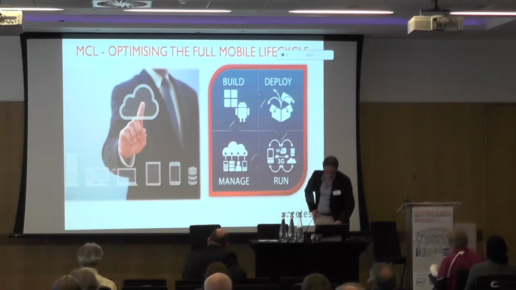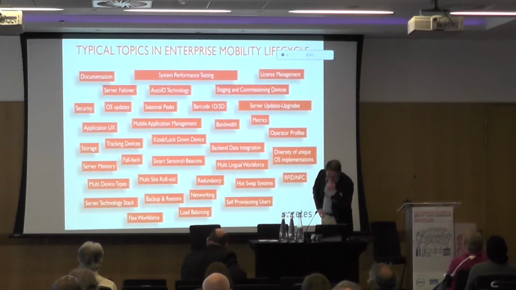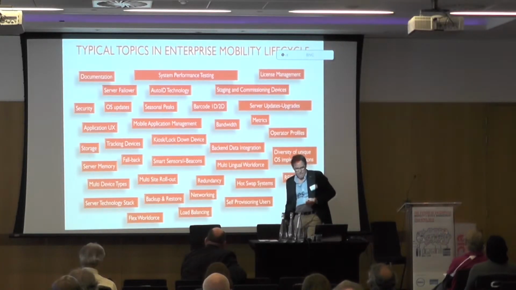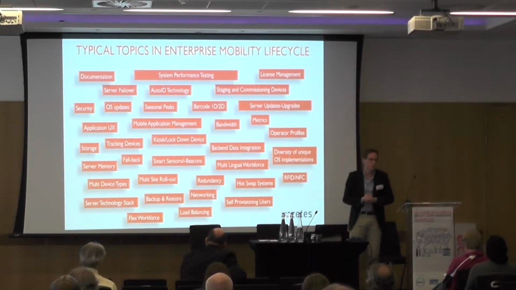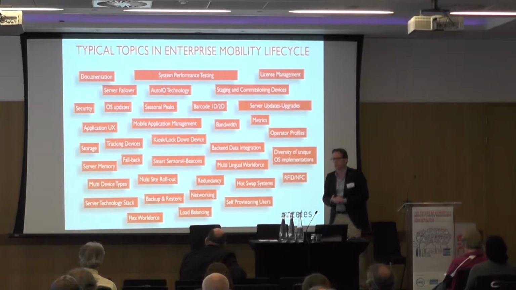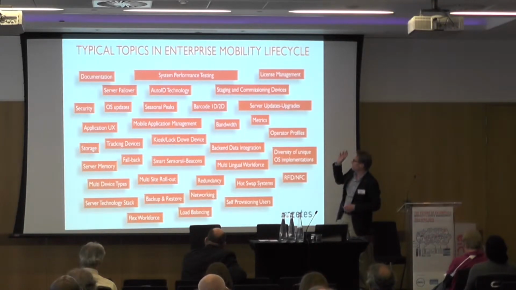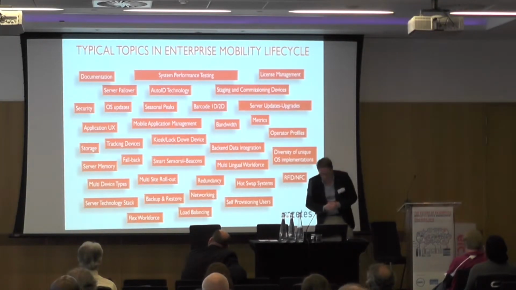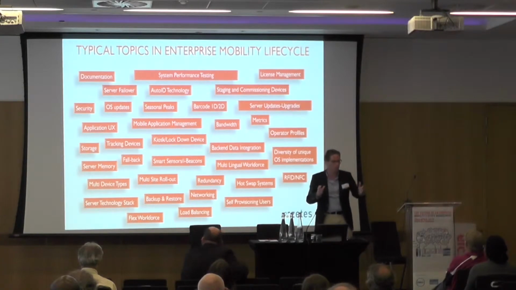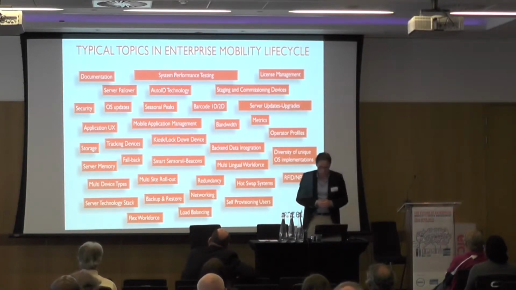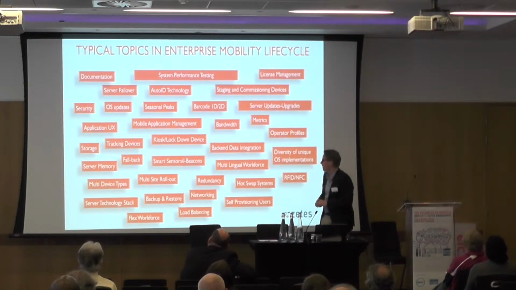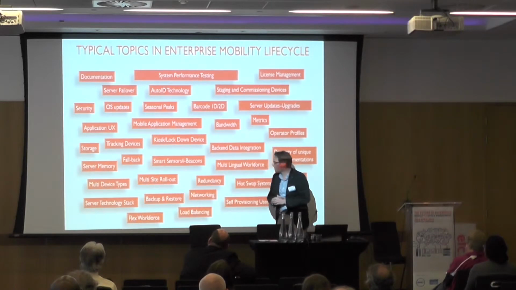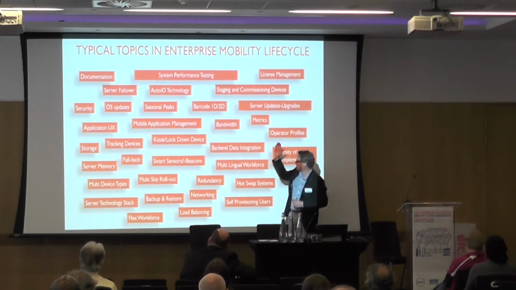So in order to get you a little bit up to speed, I would just like to tell you a couple of things, and I'm sure that if you look at these topics on the slide, a lot of familiarity is there. If you have to start implementing mobility, of course you have to think about different operators. You have to think maybe about multi-site rollouts, a lot of different devices.